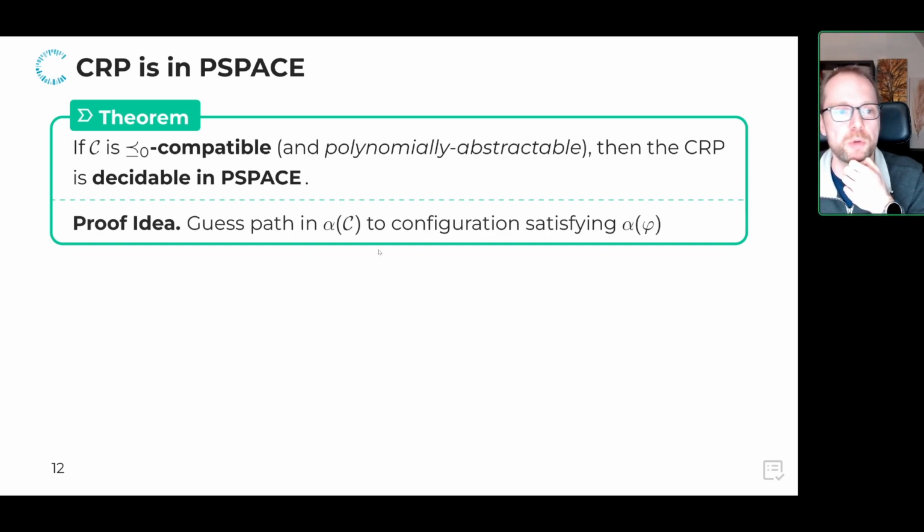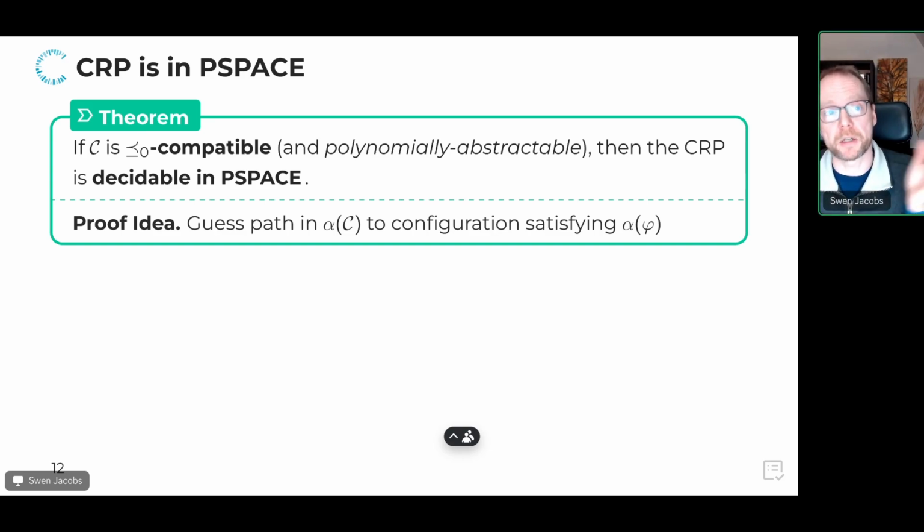And the proof is not difficult given what we have already seen. Essentially, since PSPACE is the same as non-deterministic PSPACE, we can guess a path in the abstract system, and then we can just check it. Okay, so that's nice.